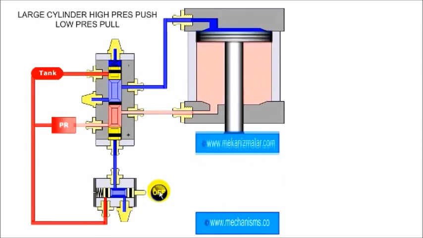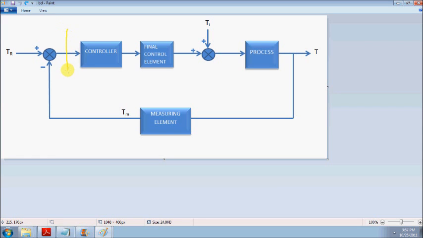For convenience, the blocks representing the controller and the final control element are combined into one block. In this way, we are concerned only with the overall response between the error and the heat input to the tank. Also, it is assumed that the controller is a proportional controller.